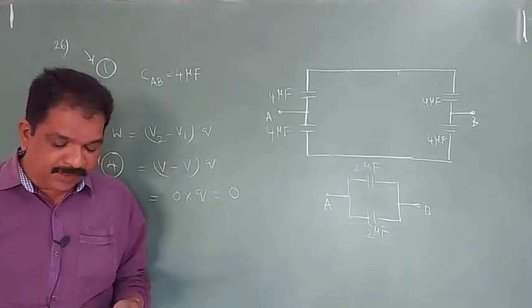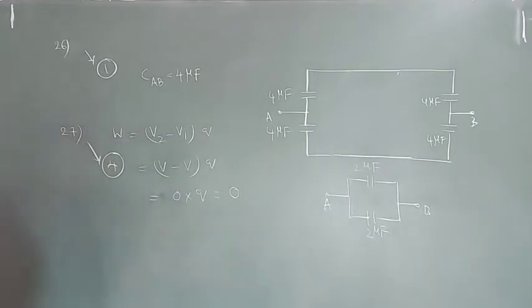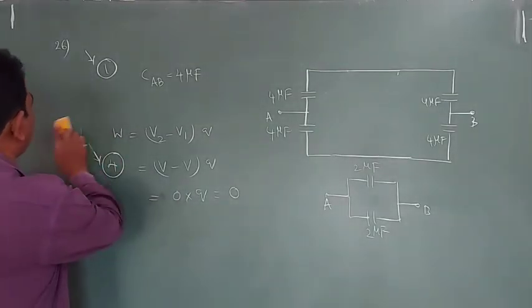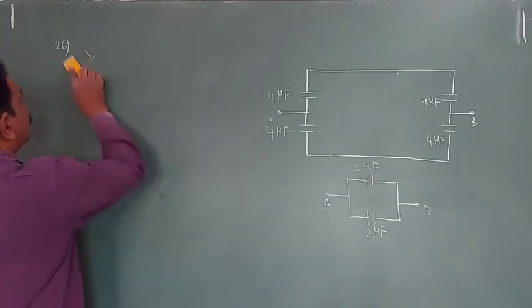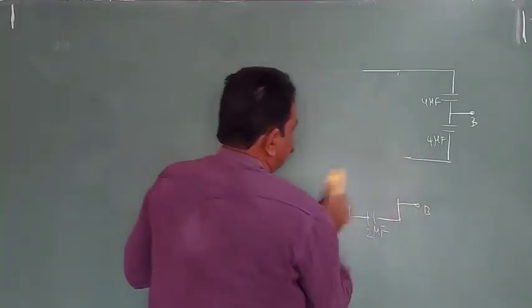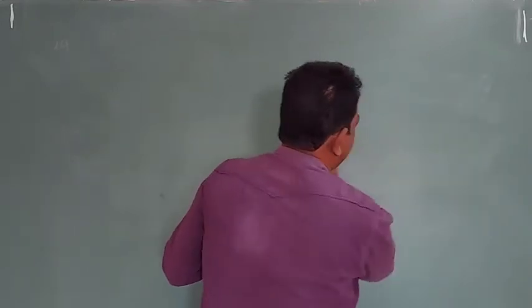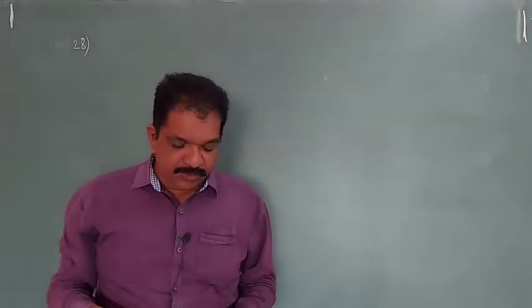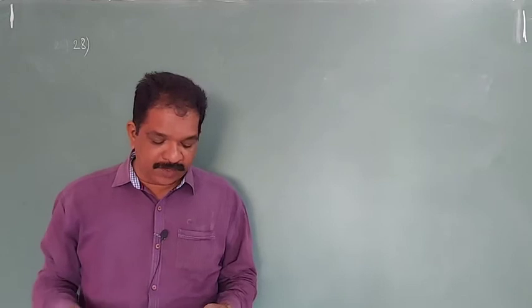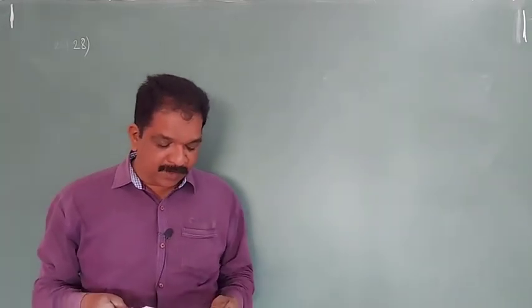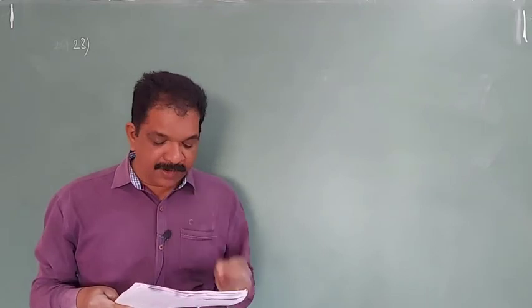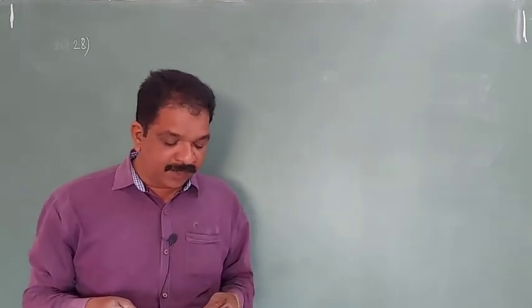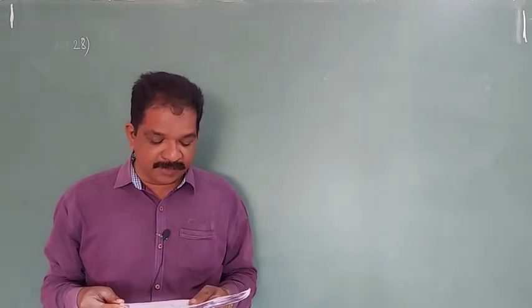Next, 28, what they are asking, see. Two capacitors 3 microfarad and 6 microfarad are connected in series, and a potential difference of 900 volt is applied across the combination.